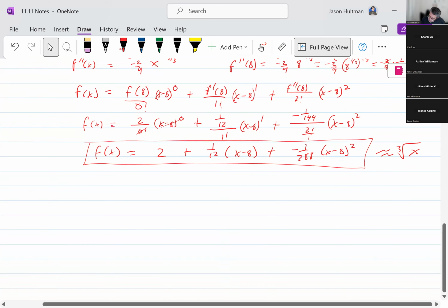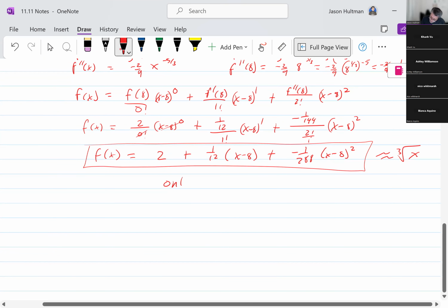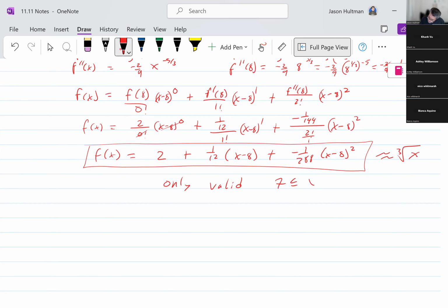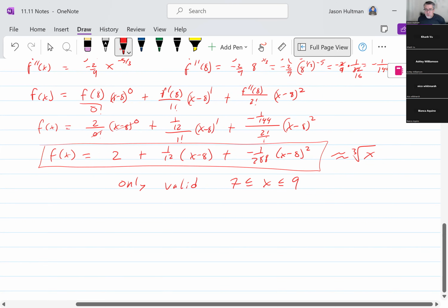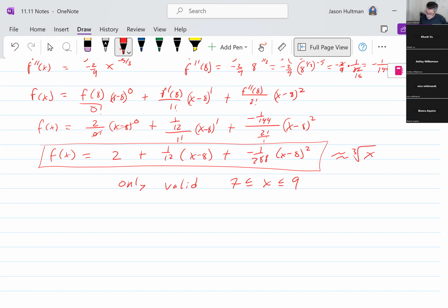But it's only valid between 7 and 9, because I said in the beginning it was only valid between 7 and 9. I want to know how close of an approximation this polynomial is to this weird cube root function. How close are we?